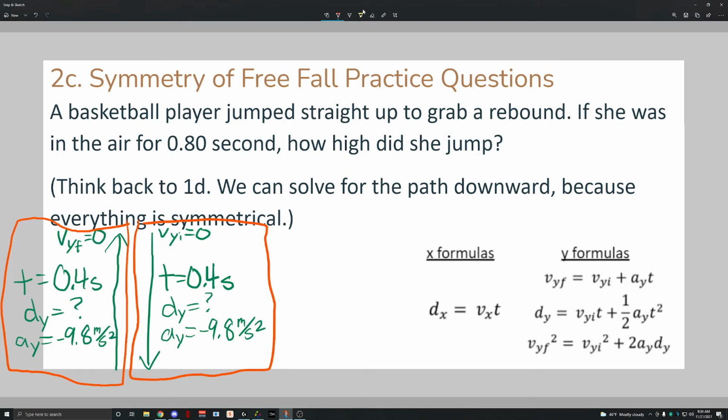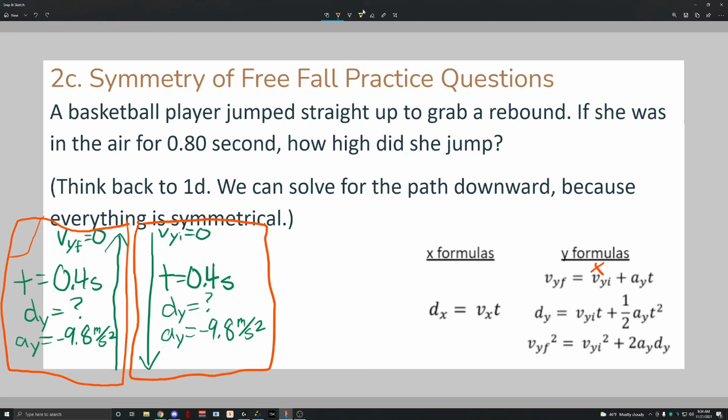But if we were to solve for our path upward, we have vyf, t, dy, and ay on our left side. If we take a look at our formulas, we don't have vyi here. So we can't even use these formulas to solve for the left side.